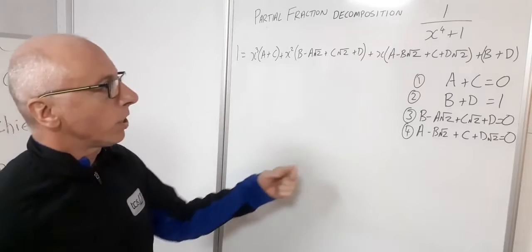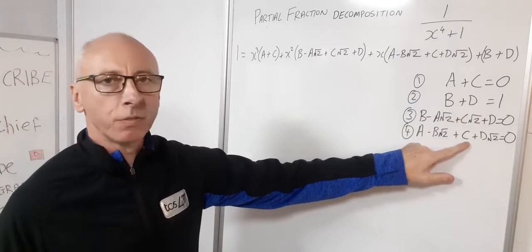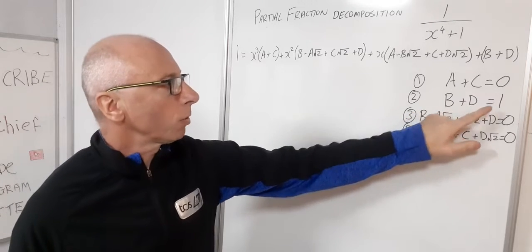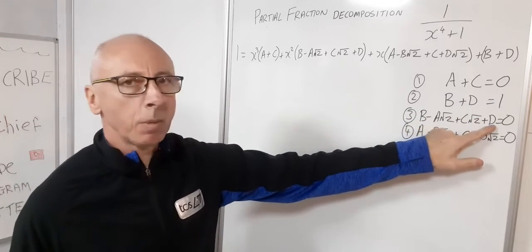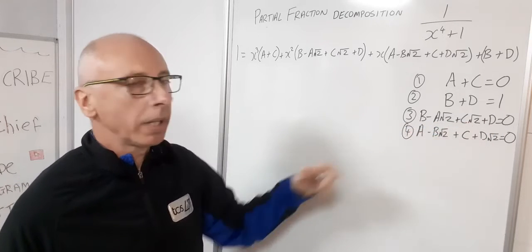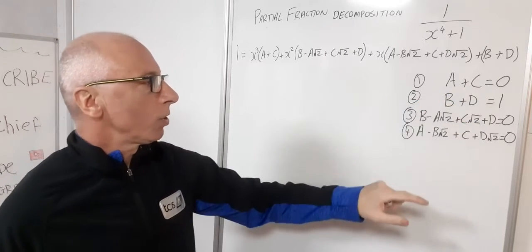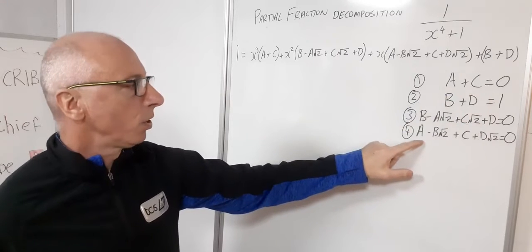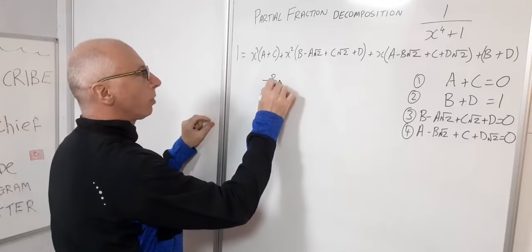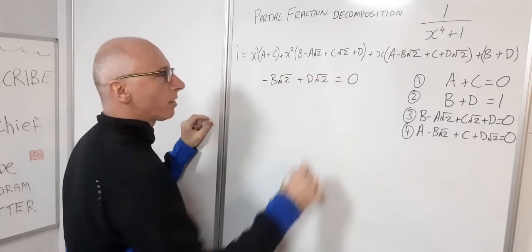So here's my system of equations. So I've got a plus c equals 0, which I've also got an equation for. So maybe I could break that down to just those two terms. I've got b plus d equals 1. So maybe I could do something here by just plugging in a 1 there. And then maybe I could solve for an a or a c or a d or a b and work from there. So as my a plus c equals 0, I'm going to start with equation 4 and rewrite equation 4 as minus b root 2 plus d root 2 equals 0.